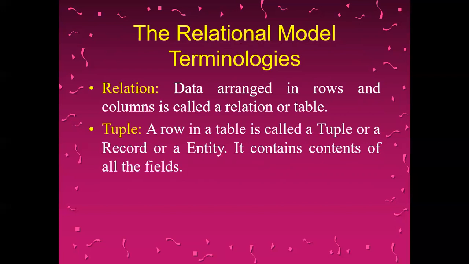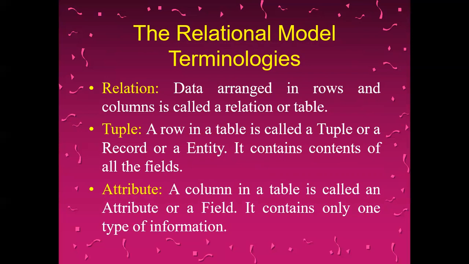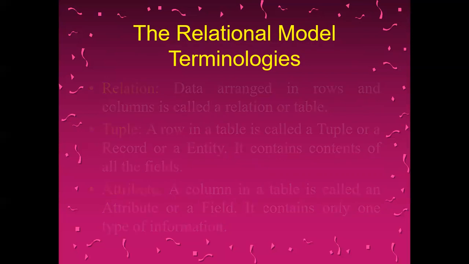A row in a table is called a tuple or a record or an entity. It contains the contents of all the fields. Attribute. An attribute is a column in the table. The other name of attribute is field. It contains only one type of information.